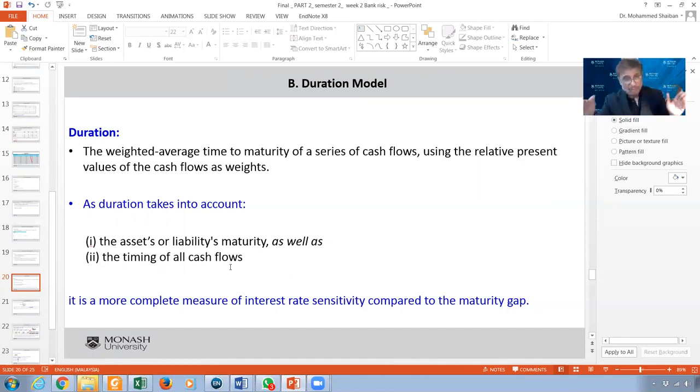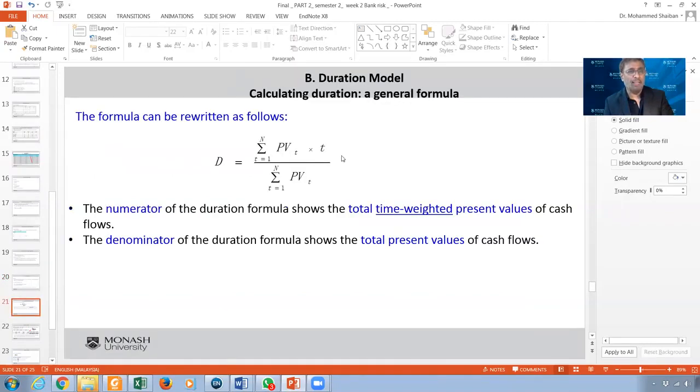The model was constructed in a way that it will take the cash flow and decrease the timing. The loan shows 3 years, but when you see the maturity, the duration model will take it as less than 3 years if there is cash coming through the time. So this is the formula actually. Don't worry about this formula. The numerator is the total time-weighted present values, and the denominator is the total present values.